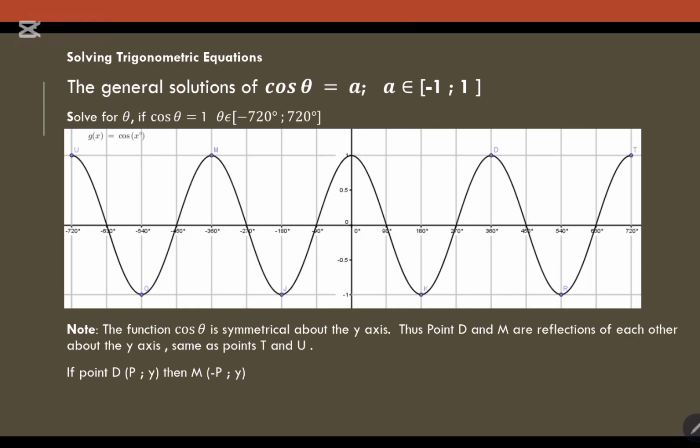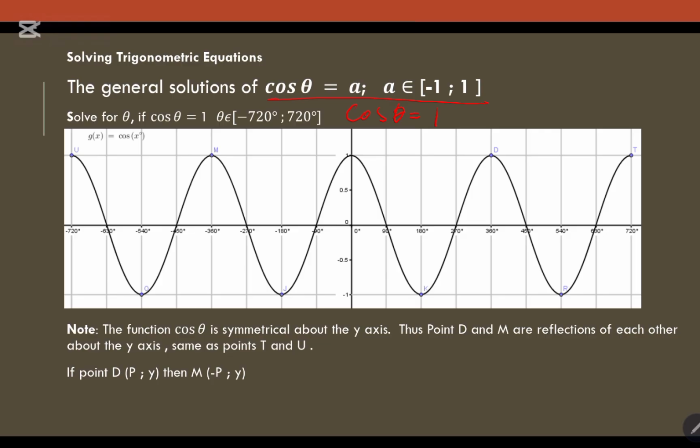Now, let us look at the general solution of the cosine. If you look carefully at the cosine graph, it is a reflection of each other about the y-axis. Okay, we now look at the general solution of cos theta. So we are looking at cos theta equals 1. Now, the rule here applies to cosine just like it applied to sine.